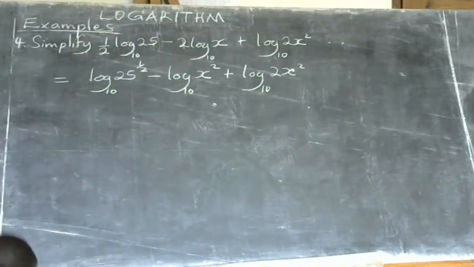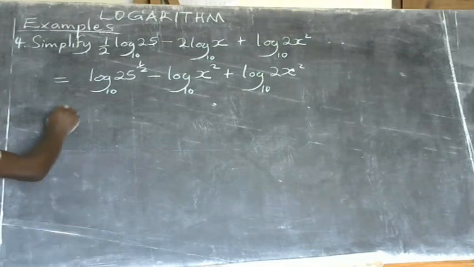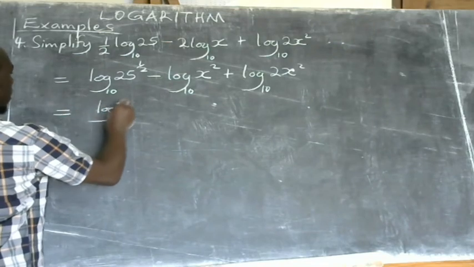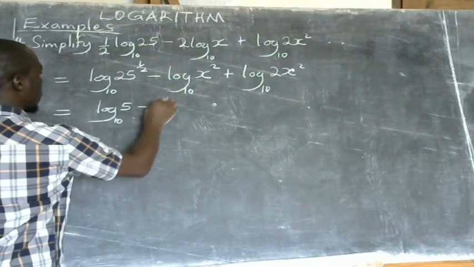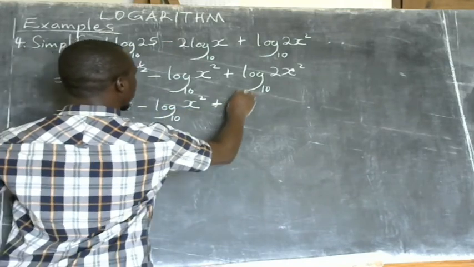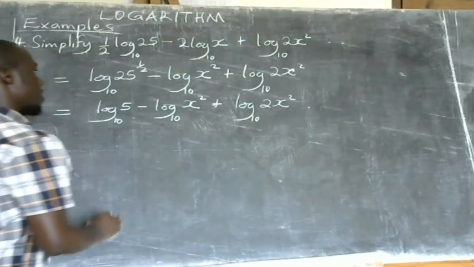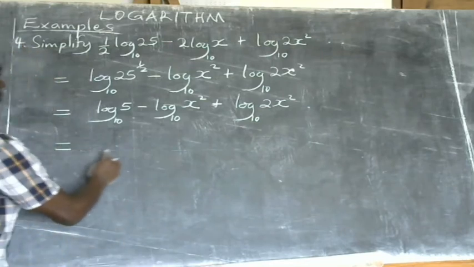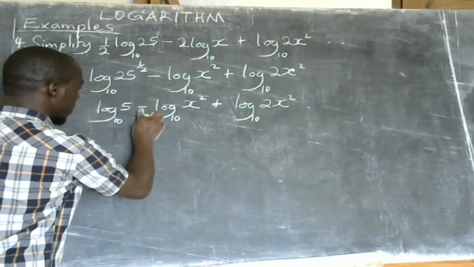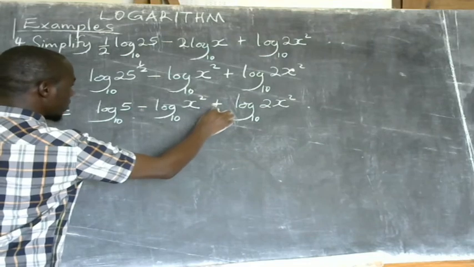Then if you can recall, we had the power a half to mean the square root. So square root of 25 is just the 5 base 10 minus log of x squared, then plus log of 2x squared base 10 there. Then now I'm going to combine them. Where there is a minus, this one is going to be dividing, and then this is a positive.